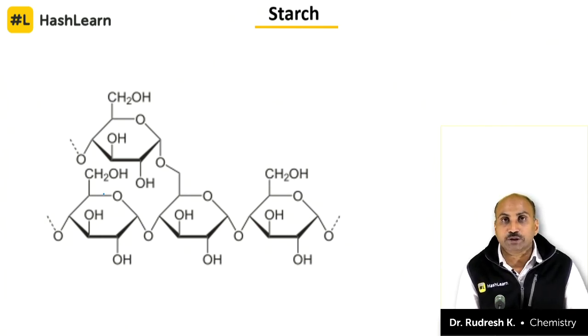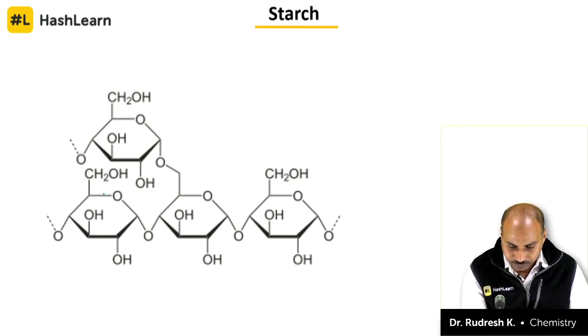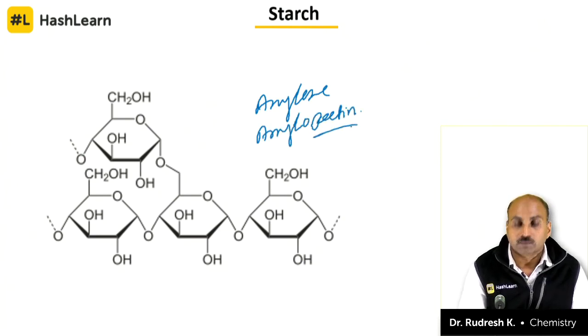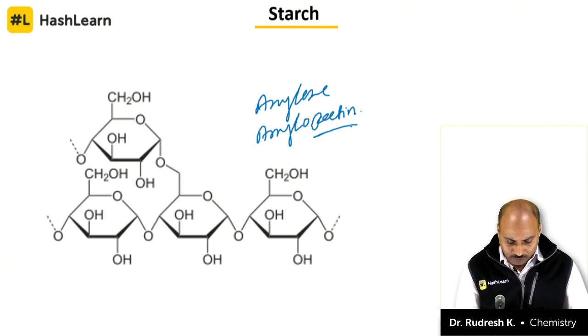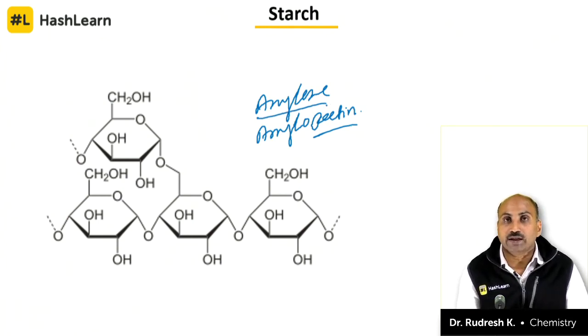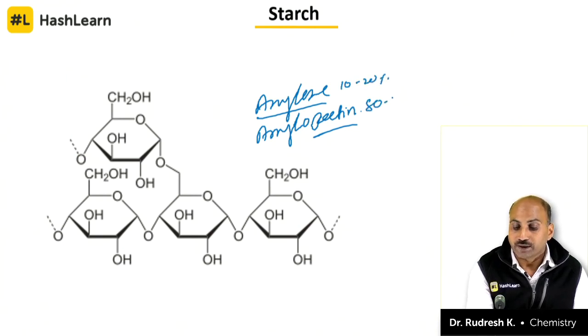This is due to the presence of the two components present in starch, one called amylose and the other amylopectin. Amylose is present about 10 to 20%, while amylopectin is roughly 80 to 85%.